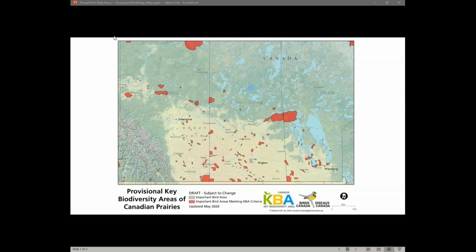But it would be certainly great if we could do more broader biodiversity monitoring through bioblitzes and whatnot, and widen the tent of the work that our caretakers are doing, so they're not just focused on bird monitoring, that they're doing other types of monitoring for other taxonomic groups. That's what we're hoping will happen across the country as we broaden the scope of IBAs from just birds to broader biodiversity.